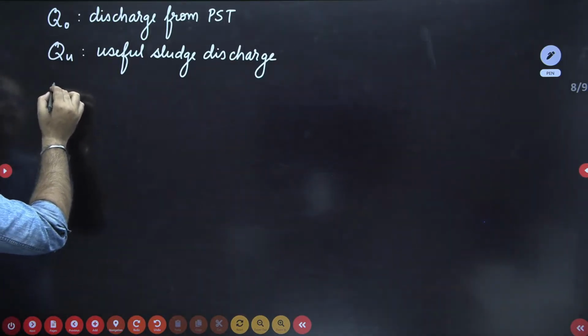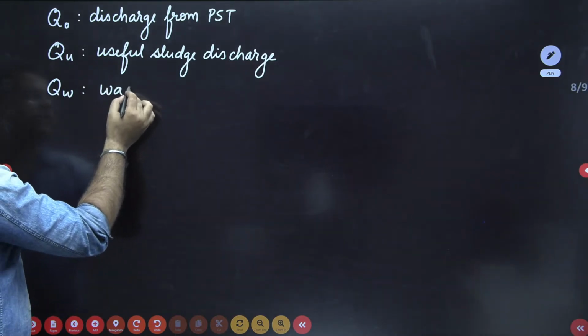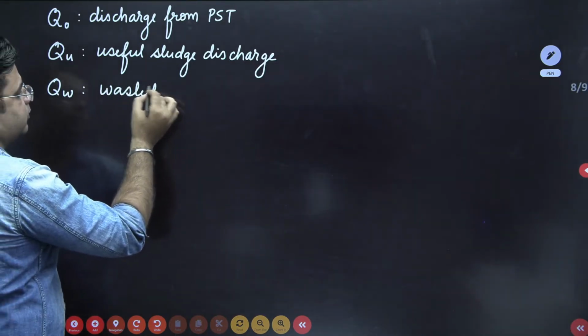Then you have QW, which is wasted sludge discharge.